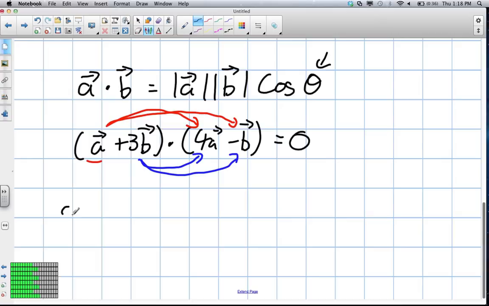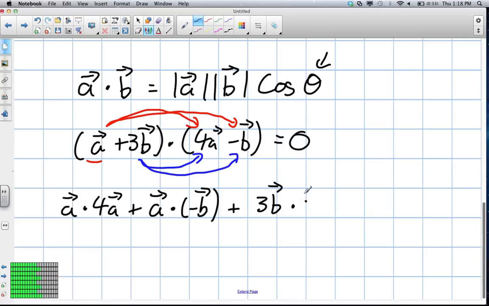So essentially what's happening is we're doing vector A dot product of vector 4a, plus vector A dot product of negative vector B, plus vector 3b dot product of 4a, plus 3b dot product of negative vector b. And we know it's still all equal to 0 here. What we're going to do is combine some things.